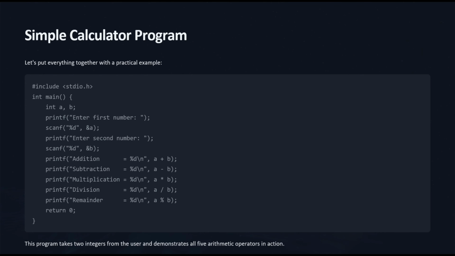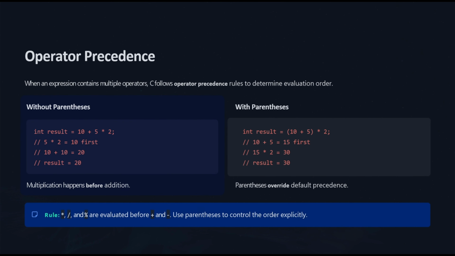Simple calculator program. Let's put everything together with a practical example. #include <stdio.h>, int main, int a, b; printf enter first number, scanf %d, &a; printf enter second number, scanf %d, &b; printf addition = %d\n, a + b; printf subtraction = %d\n, a - b; printf multiplication = %d\n, a * b; printf division = %d\n, a / b; printf remainder = %d\n, a % b; return 0.